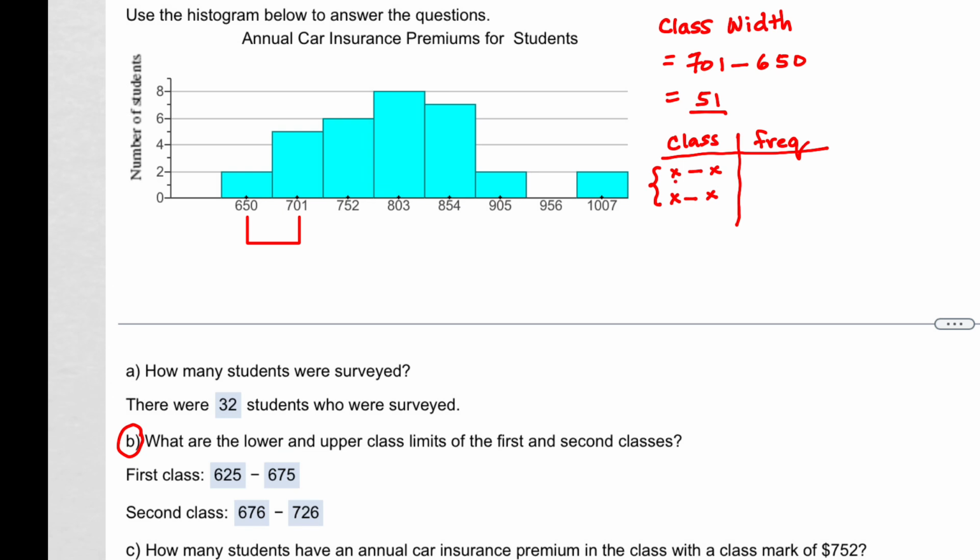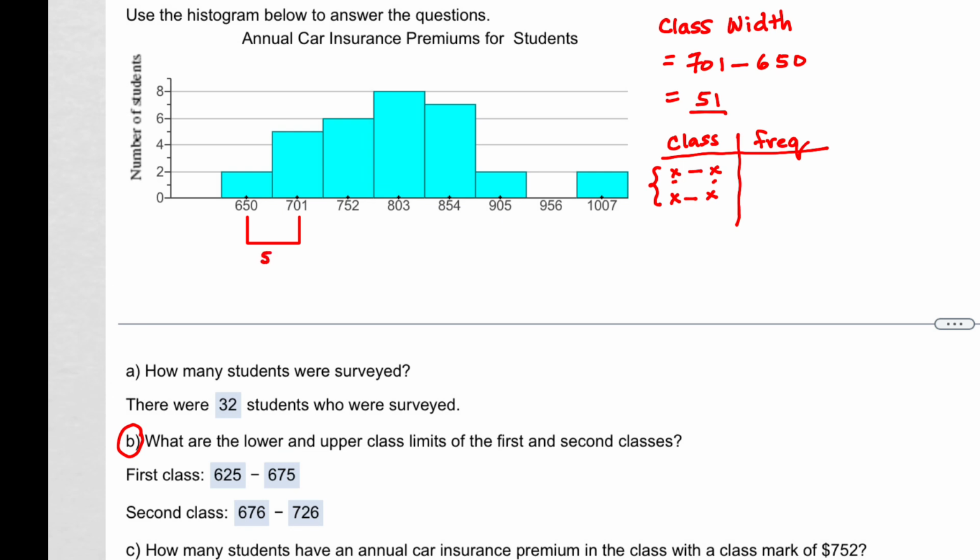So it's not the difference between these two values, it's the difference between these two values. Okay, so what we see here on our graph is we have our class boundaries marked here. And that's not what we're looking for. So we want the lower and upper class limits.